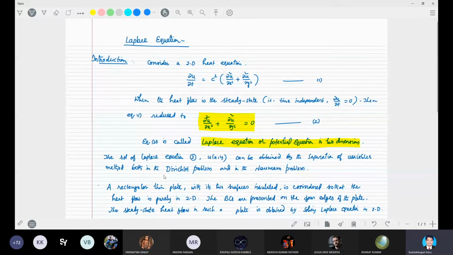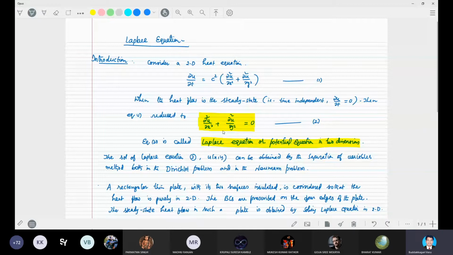Neumann condition means that the derivative of u in the normal direction to the boundary is prescribed. If we involve derivative conditions normal to the boundary, that is called the Neumann condition, and a differential equation with such a derivative condition is called the Neumann problem.